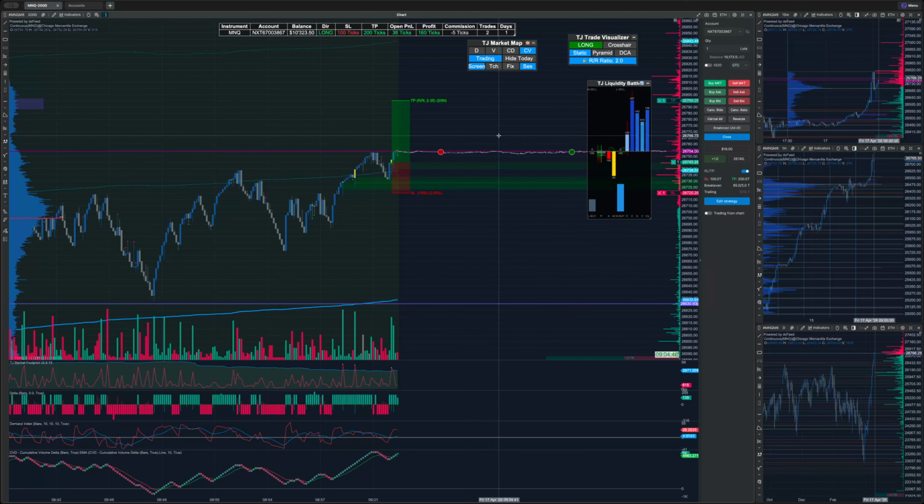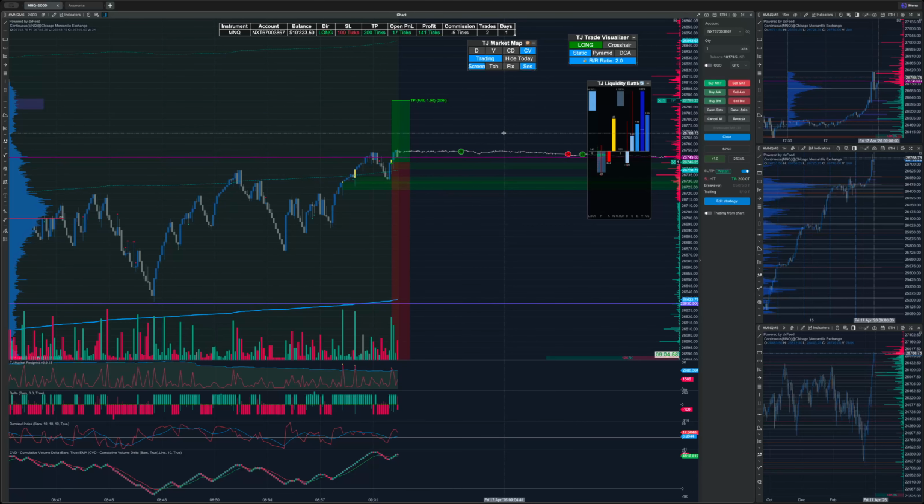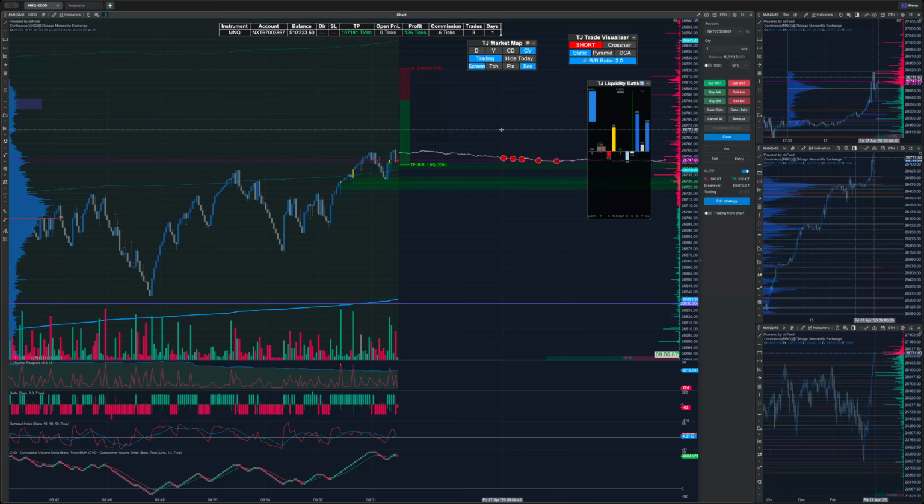Since we are in a vague kind of environment, I'm tending to go break even already. We are 30 ticks in the plus. Order cancelled. I'd rather go out when the market goes back in. That was my intention, because the ES is not having a lot of fun up there.